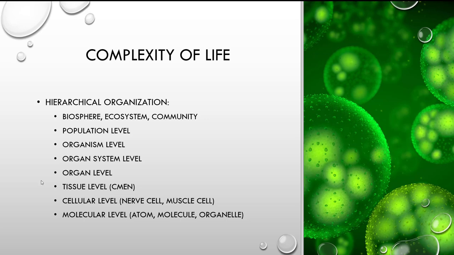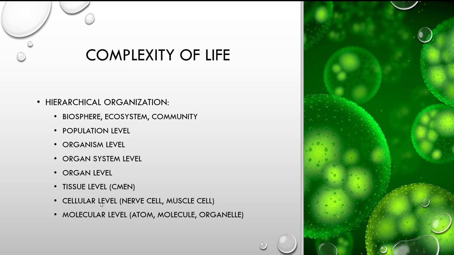So from the video, it started at the cellular level, and so we can see it at the cellular level with, for example, they showed a muscle cell, and then from there we get bigger and bigger and bigger, more inclusive, or we can get smaller and smaller, okay? So we're going to do both in this video, okay? So we're going to go through each one of these levels and describe them, okay?